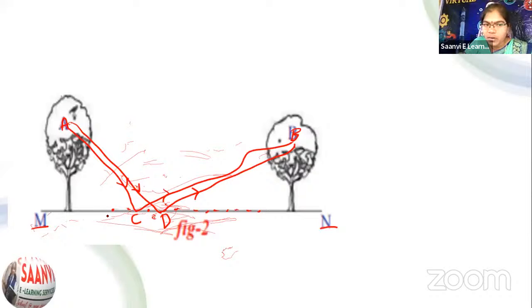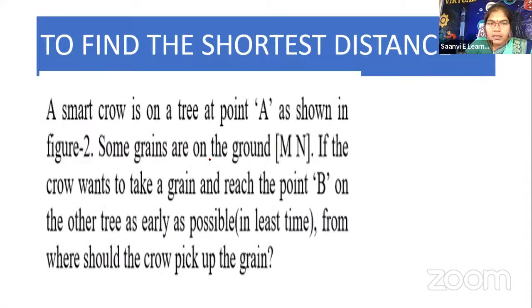One crow is on tree A, and that crow wants to pick the grains. So from A to C, it picks the grain and should go to tree B. So from A to C is the incident. Again, it is reaching B, so that is the reflection.